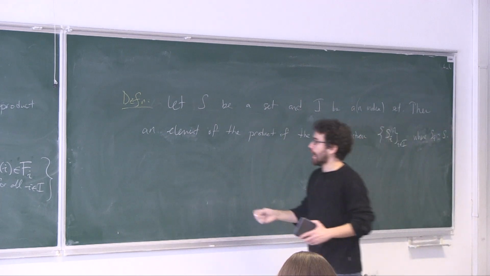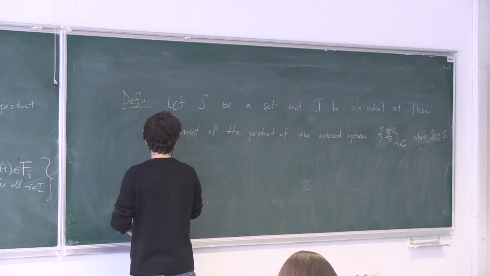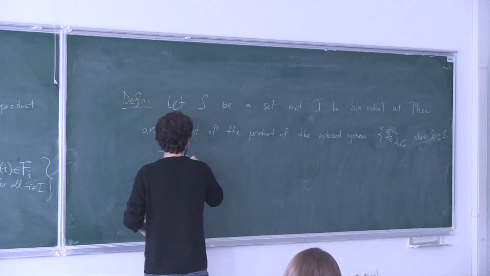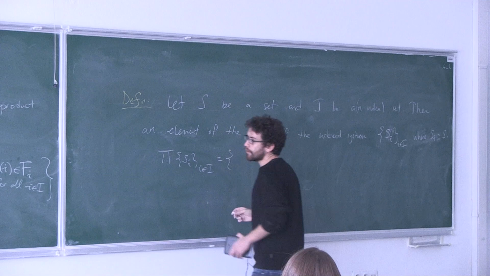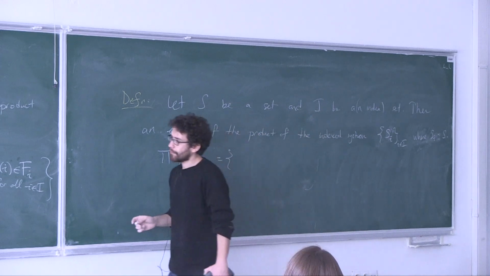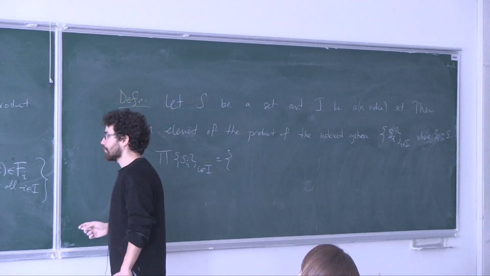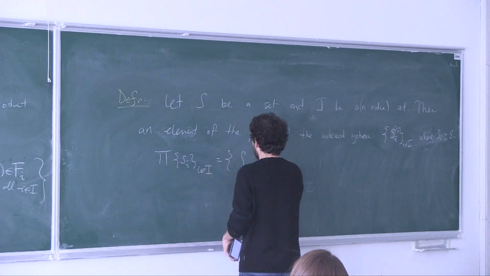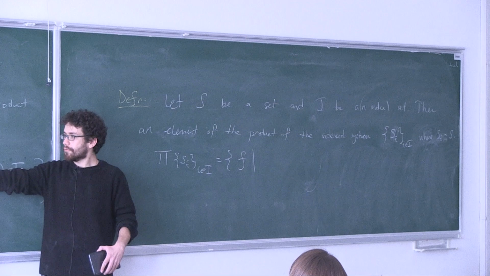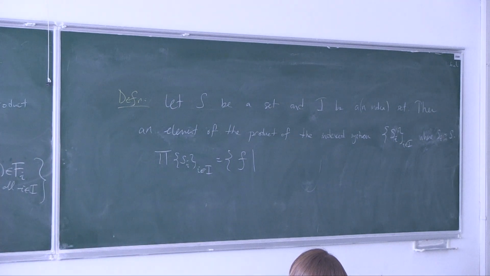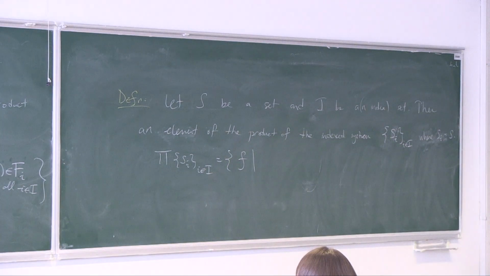If you look at this product, you'll see that this definition reduces to the following. I have functions. These functions are from I to the union of j.